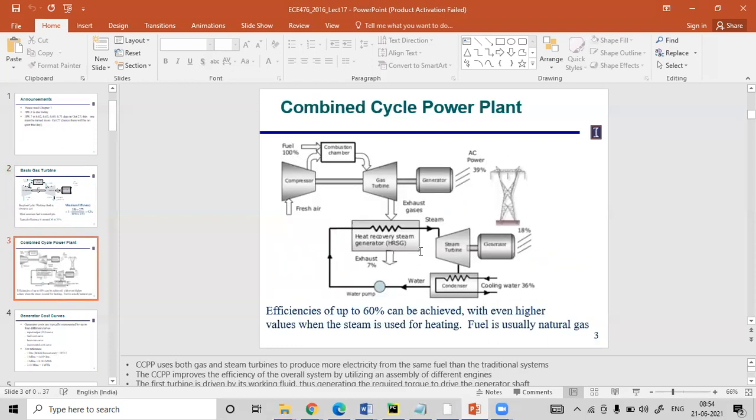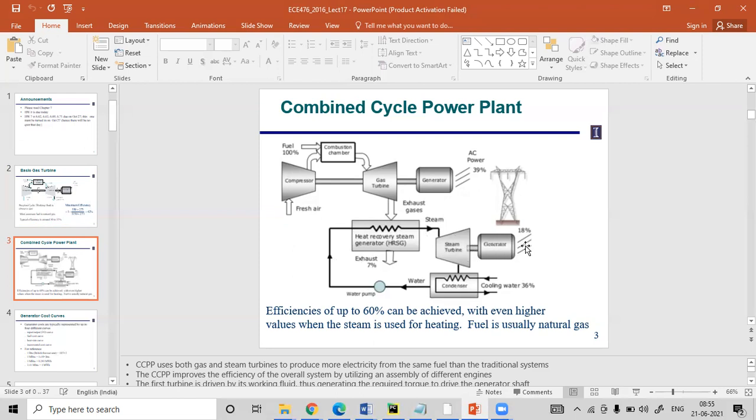But in this one, the exhaust gases are recycled through a heat recovery steam generator. These heated gases are again used to heat the water and convert it into steam, and this steam is utilized at the steam turbine.